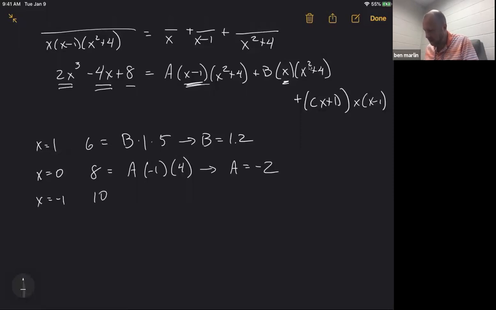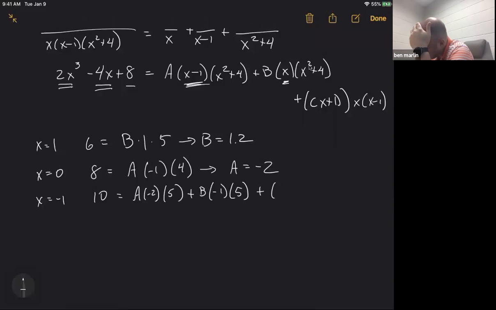So you get 10 equals a times negative 2 times 5 plus b times negative 1 times 5 plus negative c plus d times negative 1 times negative 2.